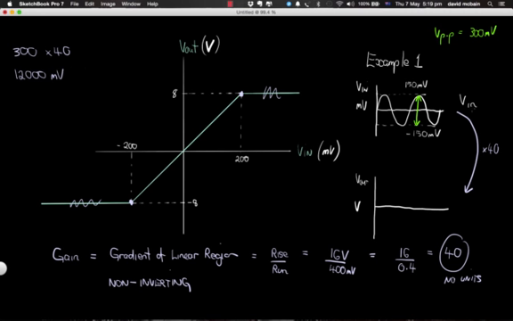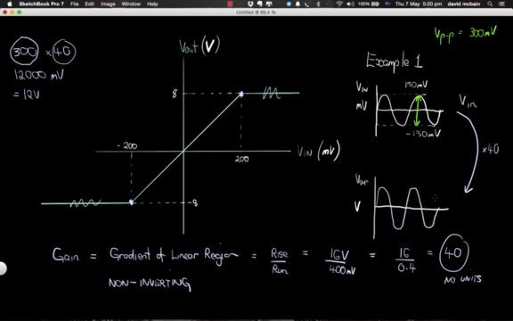In other words, the peak-to-peak of the input, from 150 to negative 150, a total of 300 millivolts, we multiply by the gain of the amplifier, which gives us an output voltage of 12,000 millivolts, which equals 12 volts. So we now know that the output voltage will have the same period, so it'll cut the time axis at the same points.